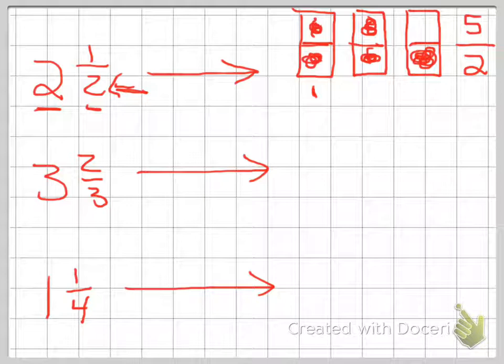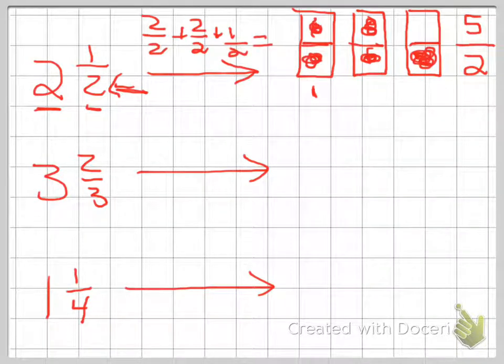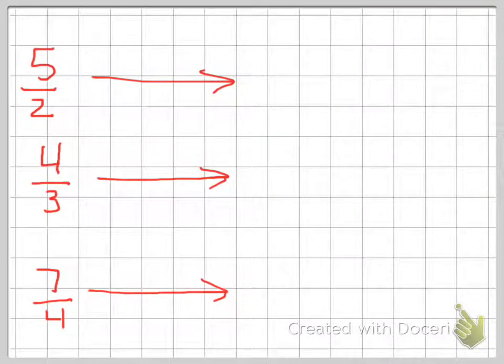Or you could say, oh, well, there's 2 out of 2 plus 2 out of 2 plus, ooh, don't forget the 1 out of 2. 2 plus 2 is 4. 4 plus 1 is 5. Ta-da! Now you guys maybe on a piece of paper or together as a classroom do the other one, or if you're doing this as your own homework, maybe you guys could do that, and then Mrs. Hooper could show me your work.